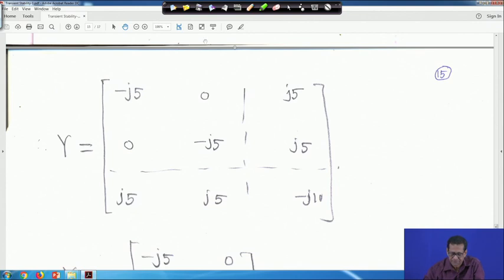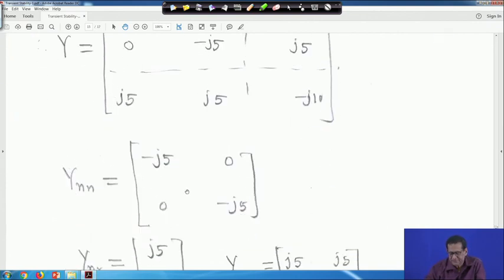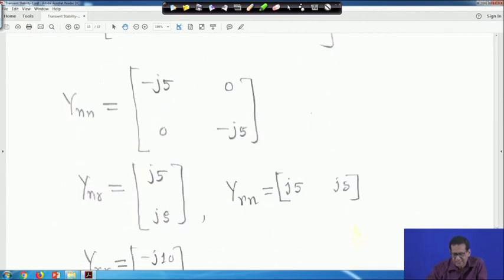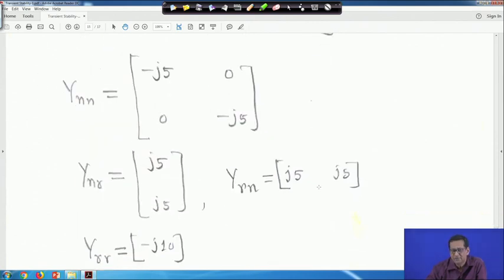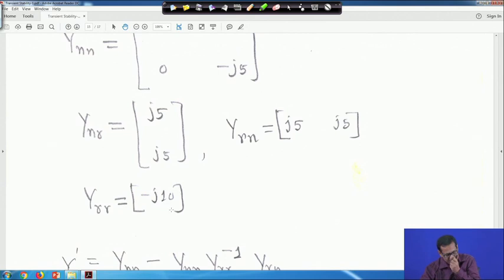YRR is a single element, minus j10, and its inverse will be just 1 upon minus j10.